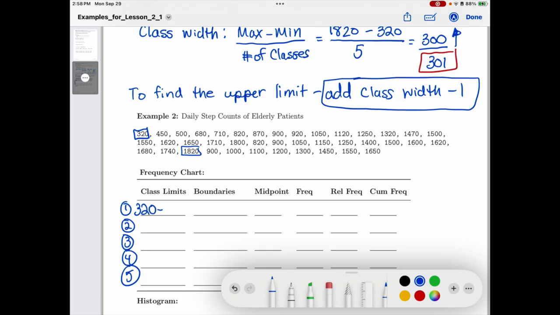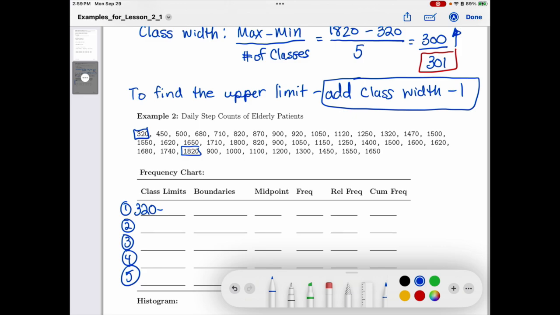You don't want to add 301, since that's our class width. You want to add 301 minus 1, which is 300, because we are including that very first value of 320 in our interval. So 320 is a value, plus I want 300 more to make a total of 301.